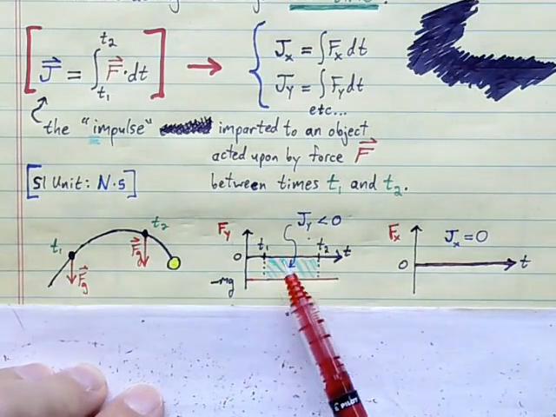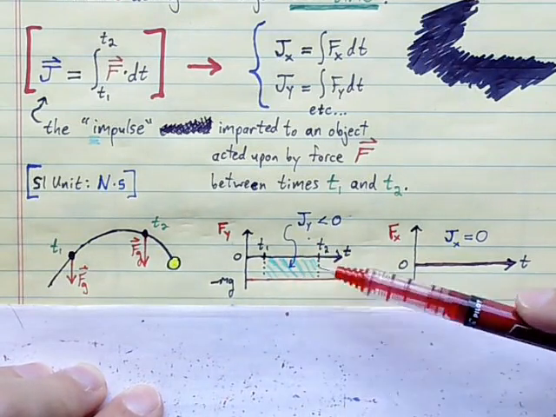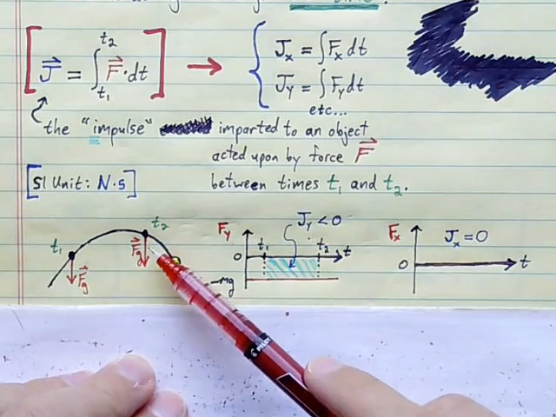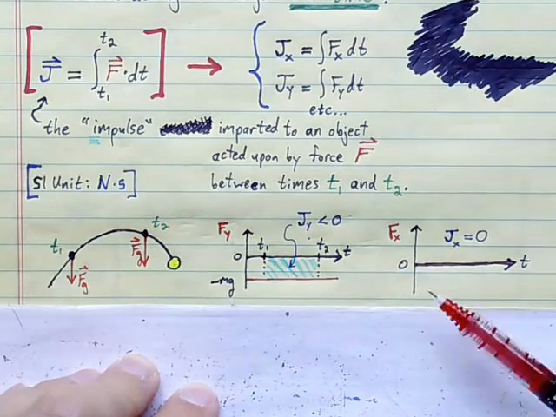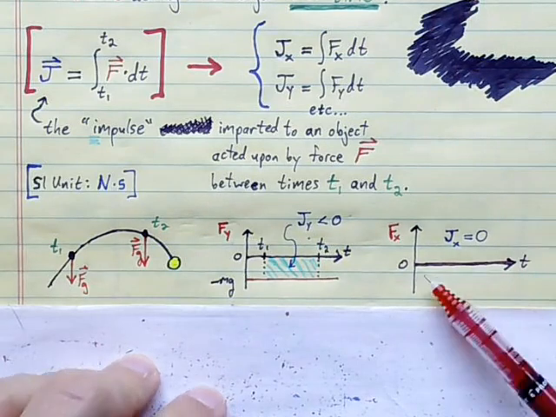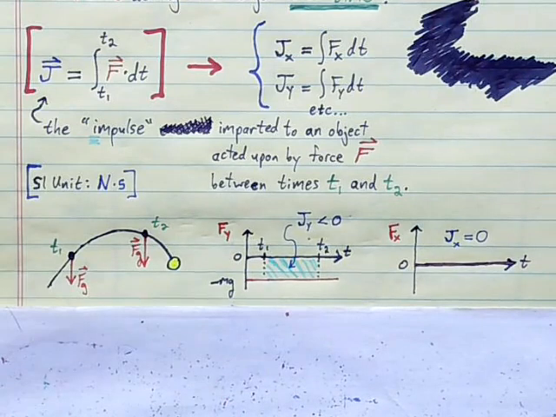Note that it would be a negative value since the area is below the zero axis. So gravity gave us a negative impulse in the y direction. But there is no component of the force in the x direction, so there is zero impulse in the x direction from time 1 to time 2. But we usually think of impulse in the context of collisions.